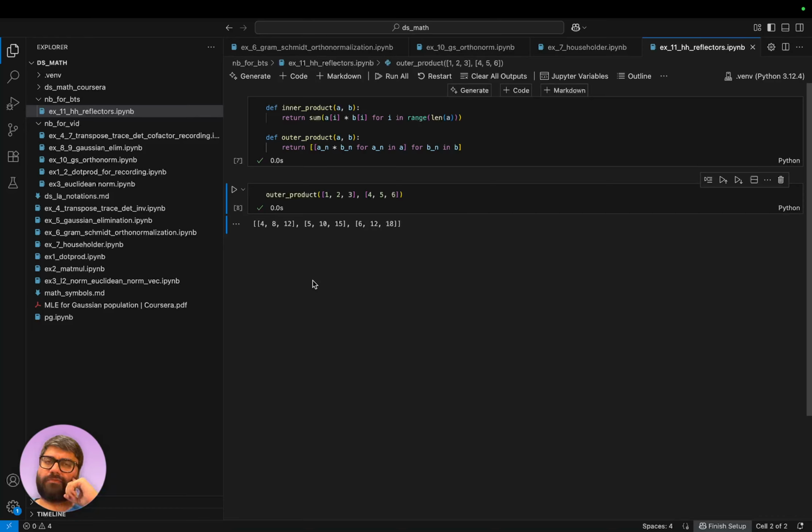Wouldn't the first row be 4, 5, 6? Why is it 4, 8, 12? Right, the first vector is 1, 2, 3, and 4, 5, 6, so it's 1 times 4, 1 times 5, 1 times 6.